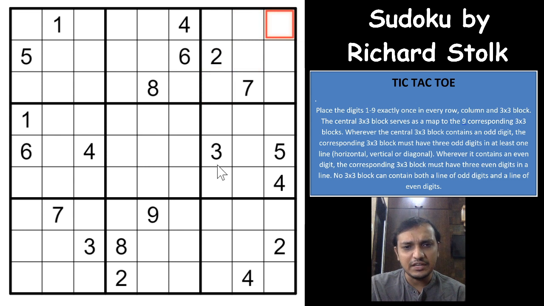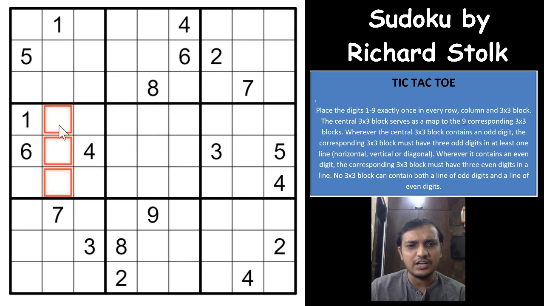And wherever you have an even digit in the central 3 by 3 box, so for example you have an even digit here, then box 4 will have 3 even digits in a straight line, either vertical, horizontal or diagonal, right? A box can never have both together. A 3 by 3 box can never contain a line of odd digits and a line of even digits together.